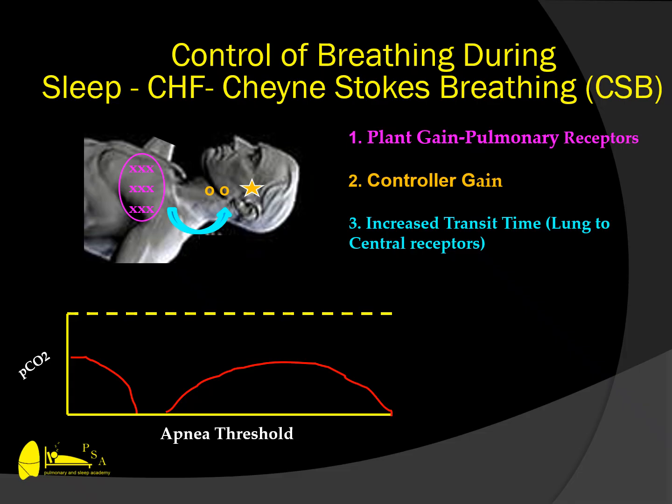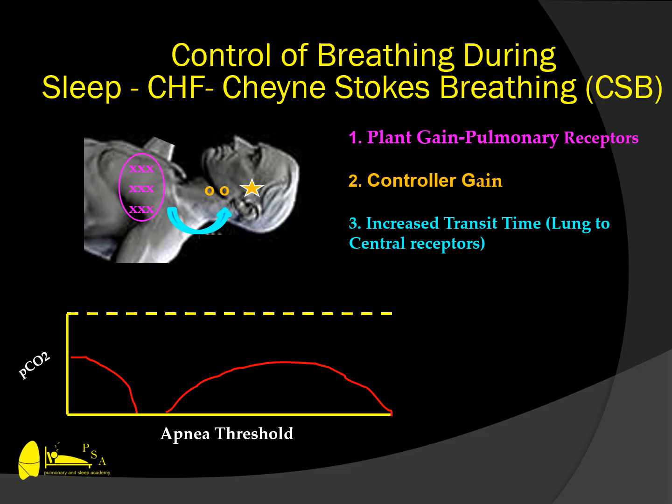For instance, the period of ventilation during the higher PCO2 will reflect increased ventilation, and as that drops down, there will be a decrescendo all the way down to the apnea threshold.